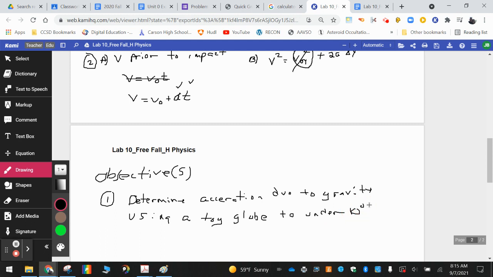Objectives should be measurable: under 10%. And then objective number two is to calculate velocity prior to impact.